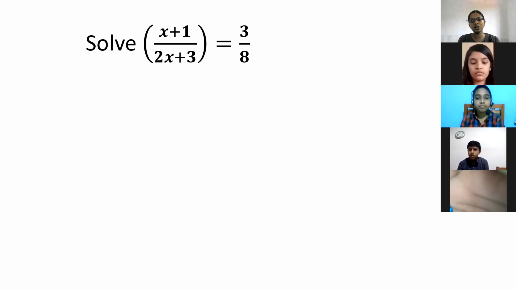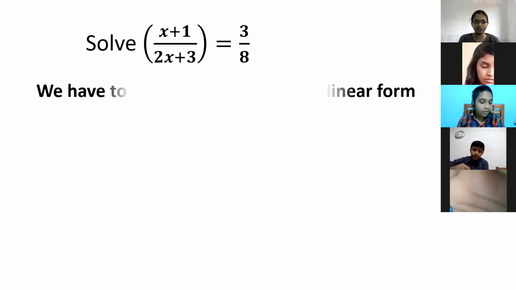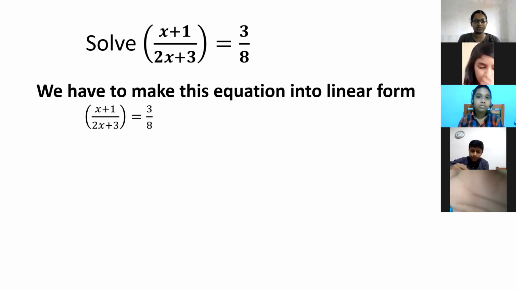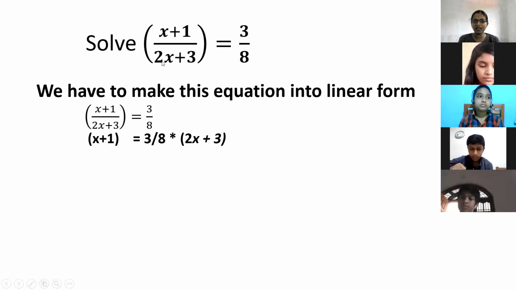Here in both LHS and RHS, these are in the form of rational numbers, right? Okay. Then we are going to make this equation linear. For that, first I am going to move the denominator of the LHS, that is x plus 1 by 2x plus 3.